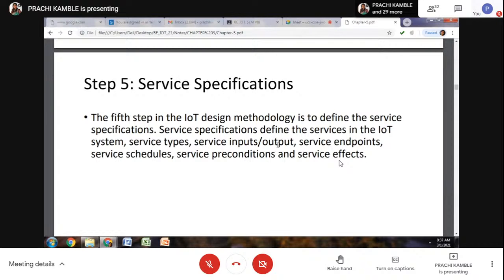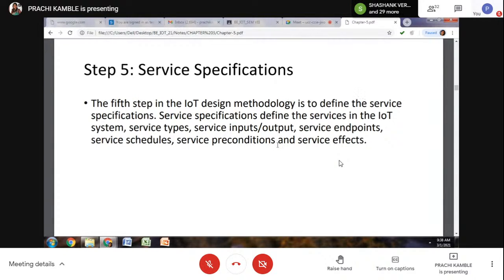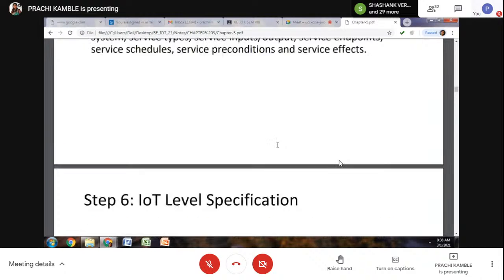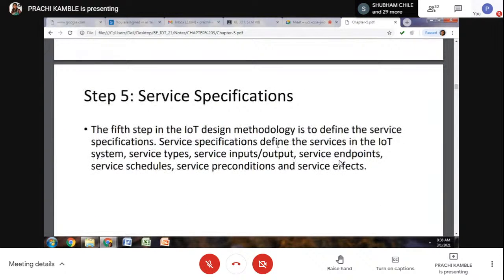Then service endpoints, service scheduling is also a very important factor, service preconditions, and service effects. Nowadays there are cloud systems available to provide all these types of services to the user. It is inbuilt in the cloud platform, and by paying or subscribing to particular services, we are able to access the services from the cloud.